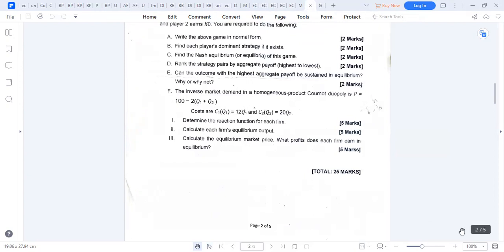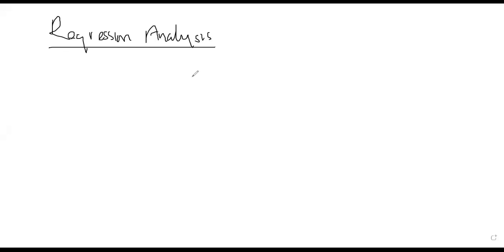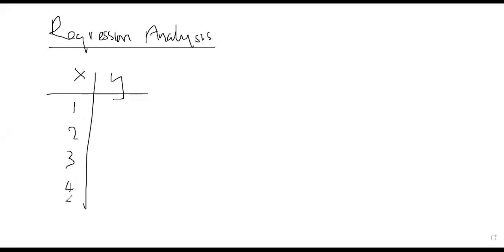Can we look at the Kuhnert? So regression analysis basically is used to see the relationship that exists between two variables, X and Y. So here we have 1, 2, 3, 4, and 5, for instance.